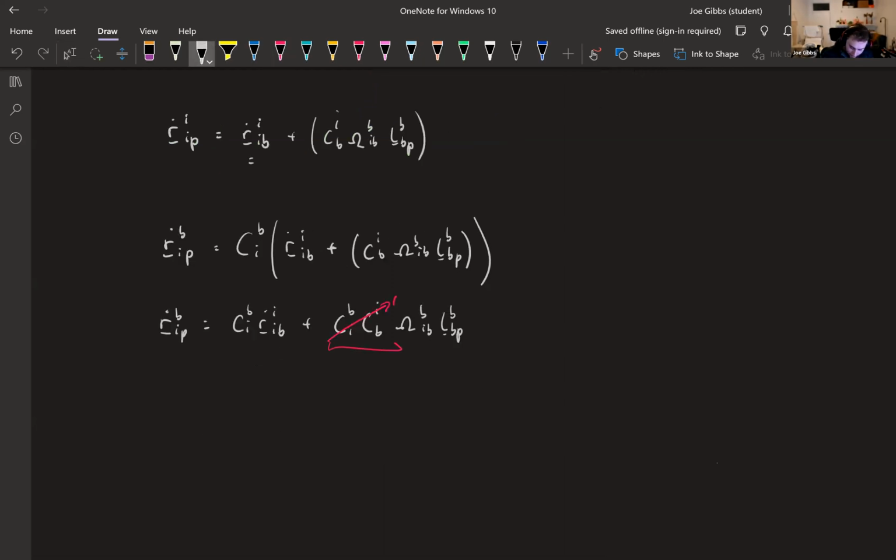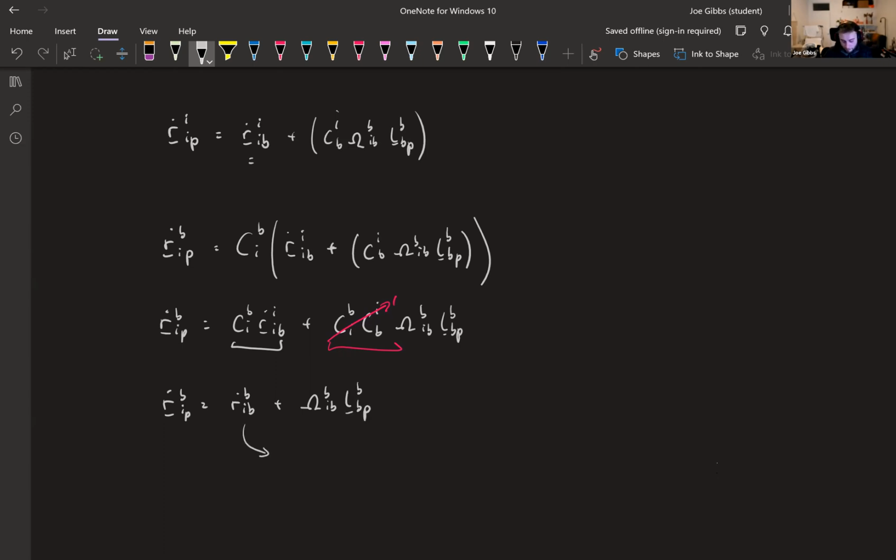And finally, we have this little guy here. All this is doing is taking our velocity from the inertial frame and resolving it into the body frame. Okay, so that gives us VIP is equal to R dot BIB plus omega BIB LBBP.